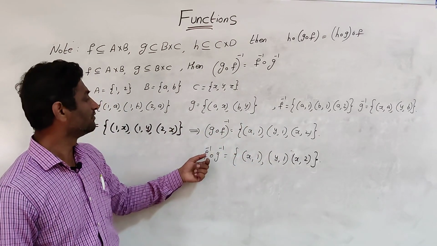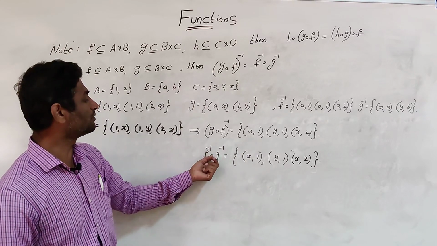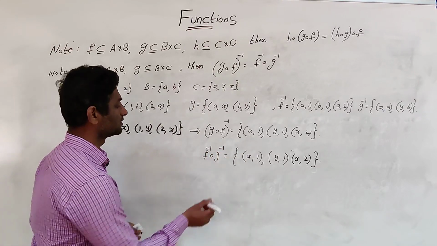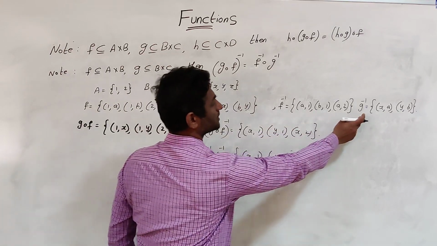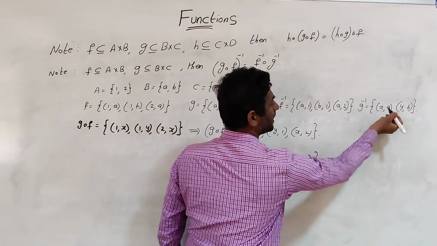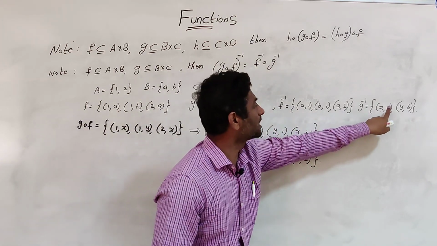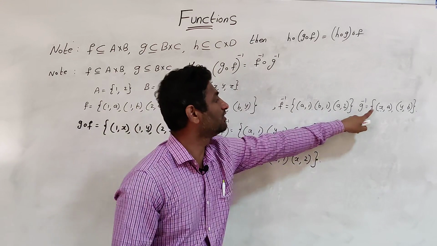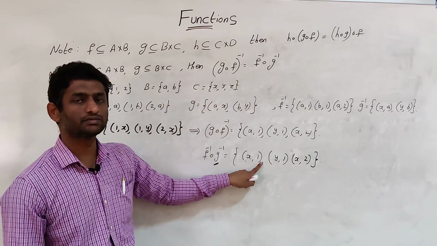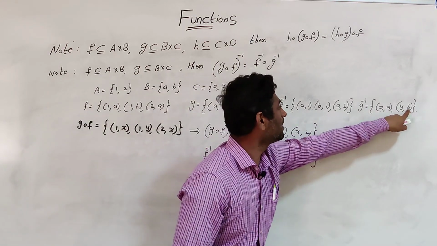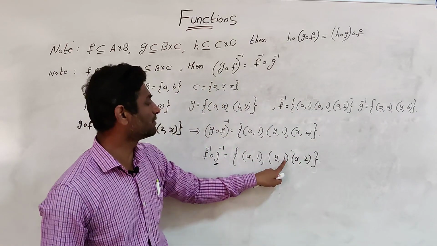Next, we will go for the individual F inverse compose G inverse. First, G inverse. Let us take G inverse (x, a) and (a, 1), so it will be (x, 1). And (y, b), (b, 1) gives (y, 1).